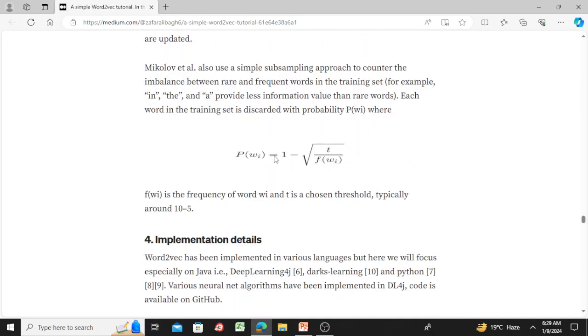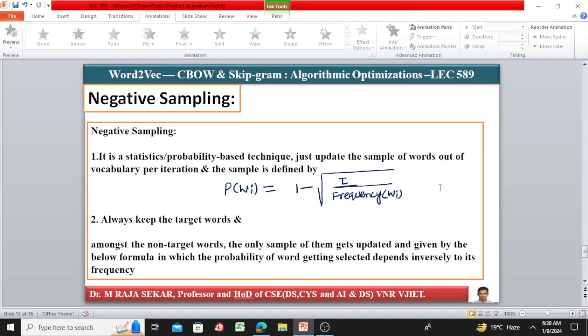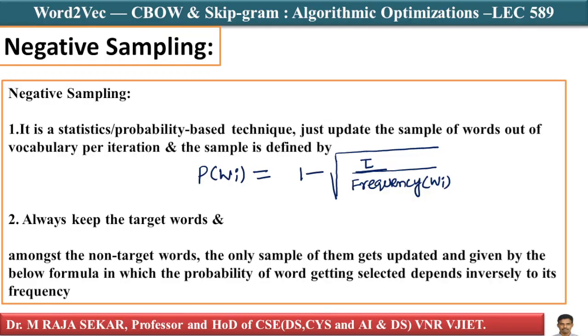This is the formula which we are using: P of Wi equal to 1 minus the square root of, instead of t I am writing tau, over f of Wi. Just go through this blog. This blog is one of the best written blogs. As I told you, I will provide the reference in the description of this video.